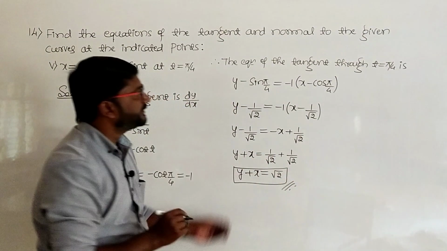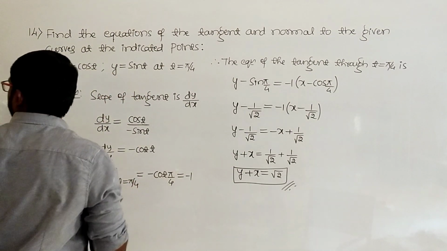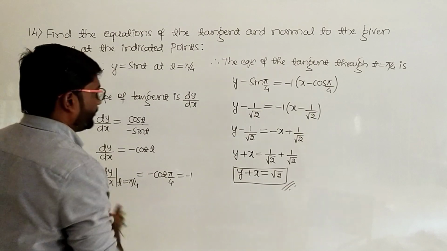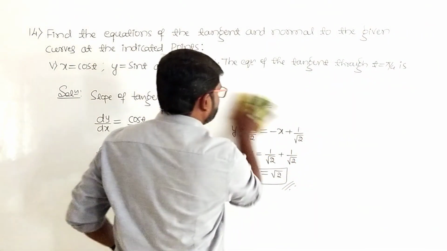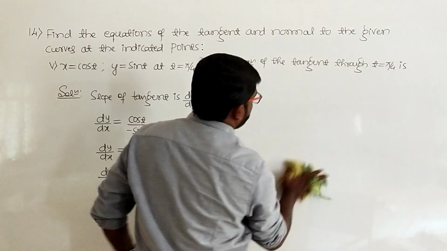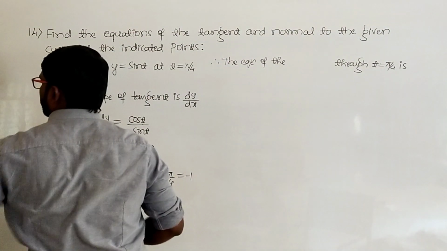So note down this, and then we'll write the equation of the normal through t equal to pi by 4. So the next equation is the equation of the normal.